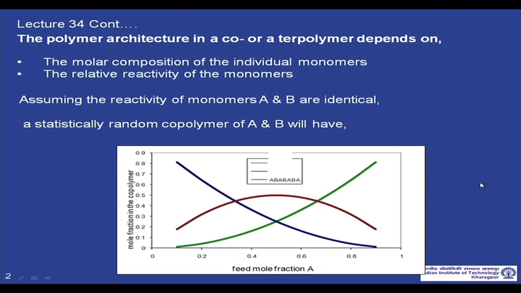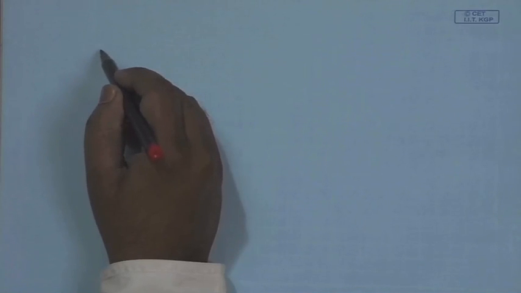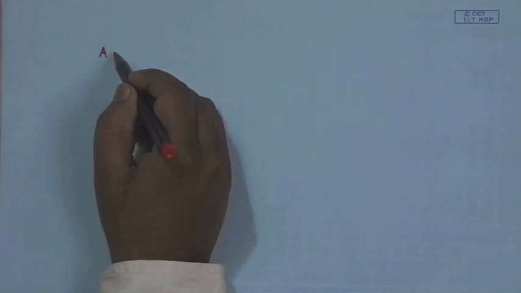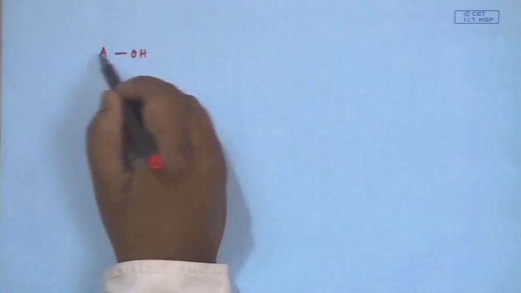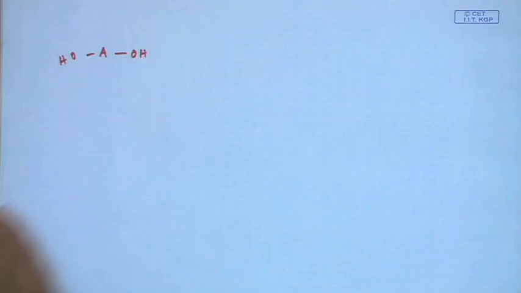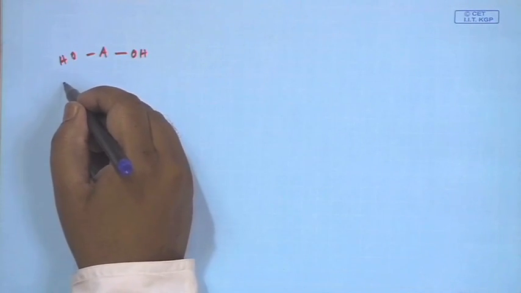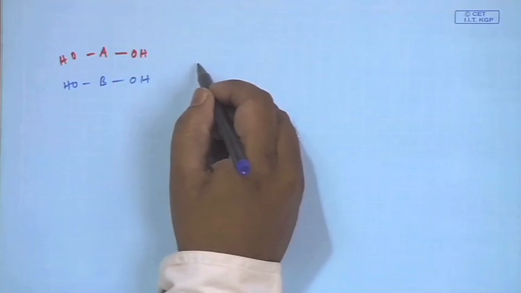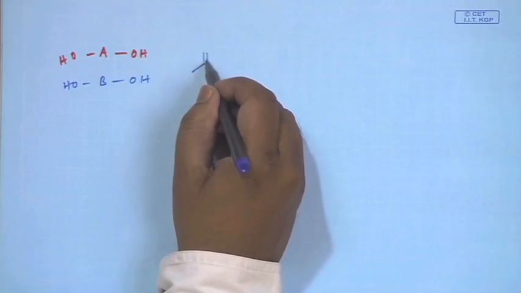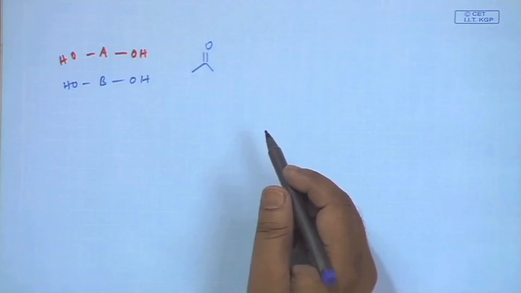Now, what we were doing yesterday: if, for example, I have bisphenol in this case, they may react with some carbonate source to form polycarbonate.